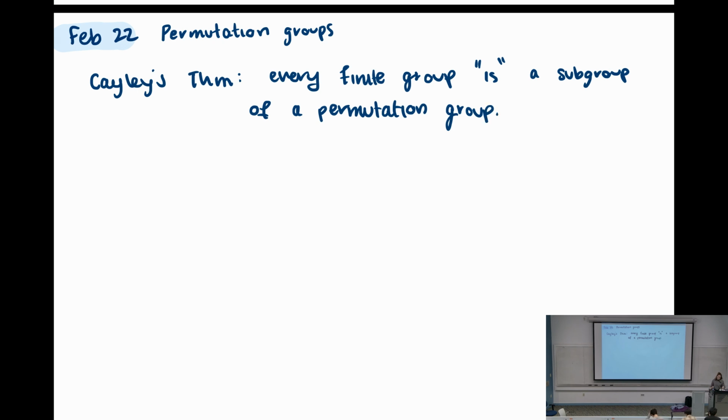So this theorem is really cool, and its proof is pretty interesting as well. I think the moral or the takeaway from this theorem is that permutation groups are extremely complicated, and they actually encapsulate all of finite group theory within them.